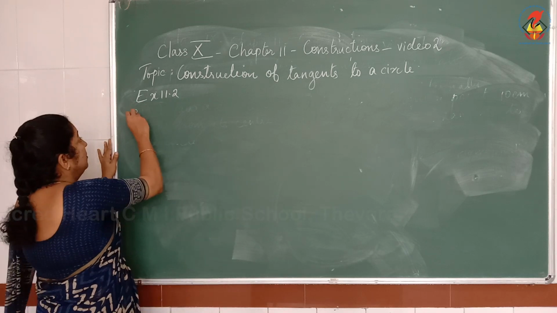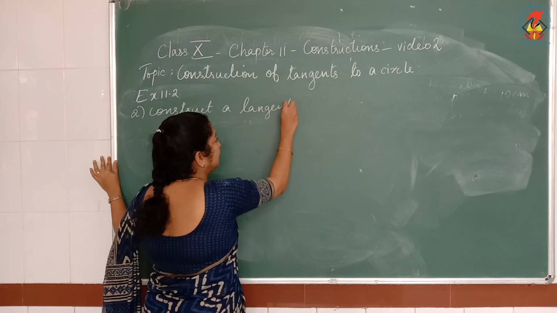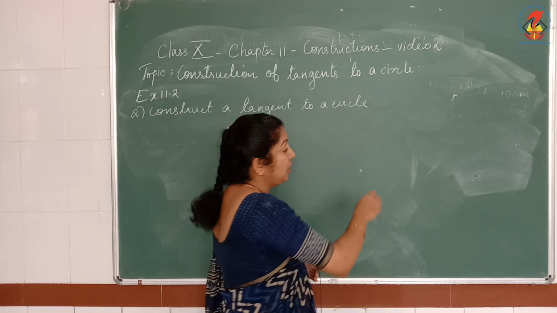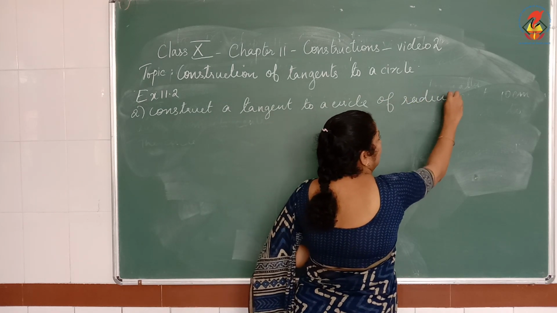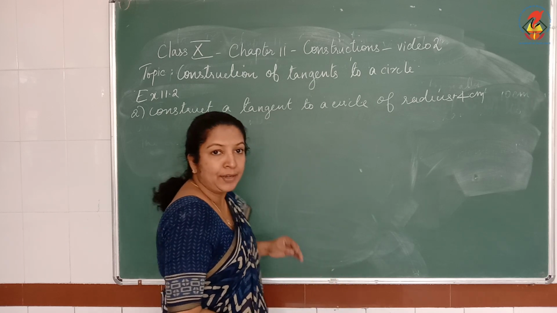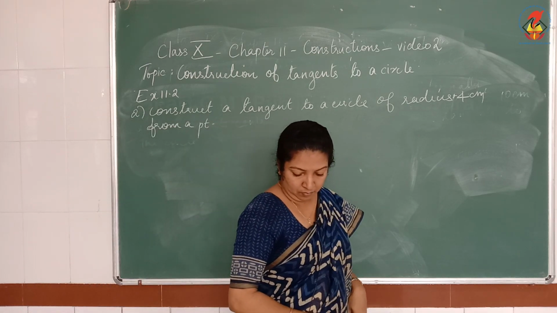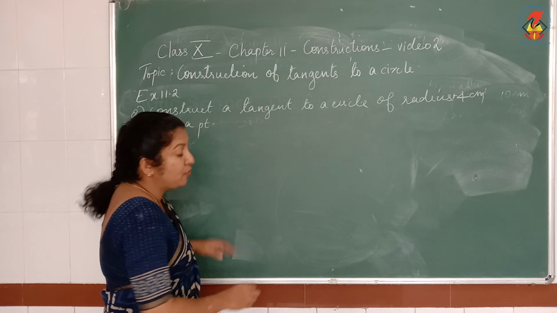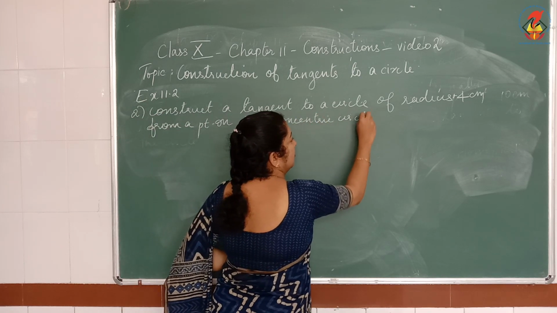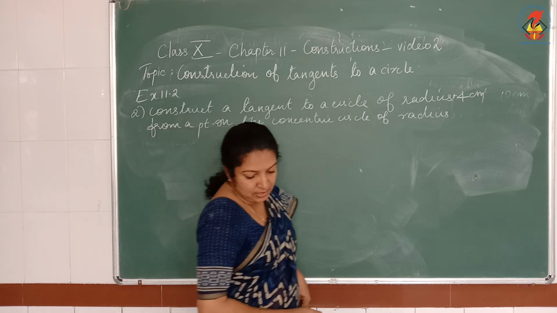Construct a tangent to a circle of radius 4 centimeter from a point on the concentric circle of radius 6 centimeter.